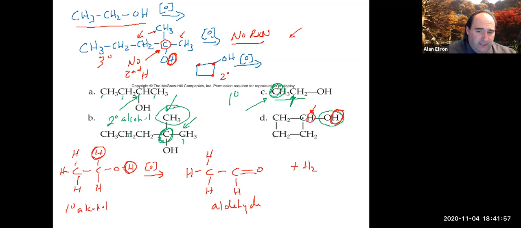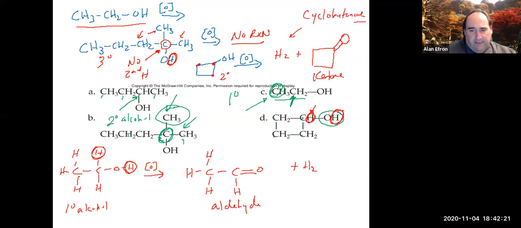We will lose the hydrogen here. So those 2 hydrogens will come off to make our H2. Everything else will be the same, which means around we go in a square. And our carbon oxygen now becomes double bonded. And again, here we get a ketone. And that happens to be what is known as cyclobutanone because it's a ketone. Any questions on those reactions there of alcohols going through oxidation reactions?